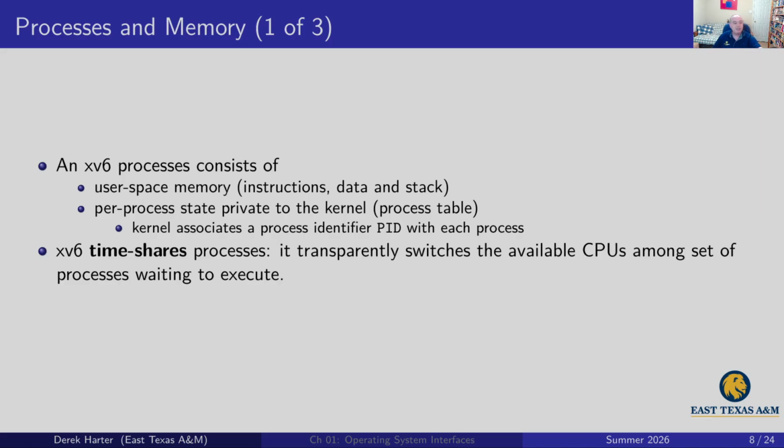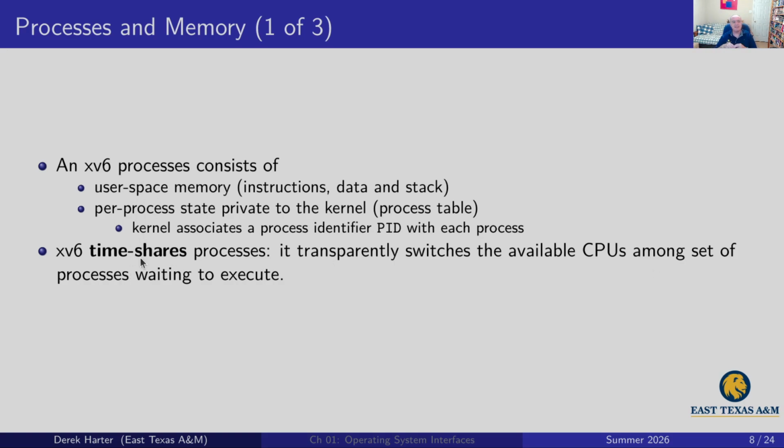We are using the qemu emulator, which can emulate multiple CPUs. When you have more than one CPU, xv6 still works. It will transparently switch between the available CPUs among the set of processes that are waiting to execute. So in this class, we can actually simulate a true multi-CPU system, with true parallelism. xv6 doesn't actually implement what are known as threads.